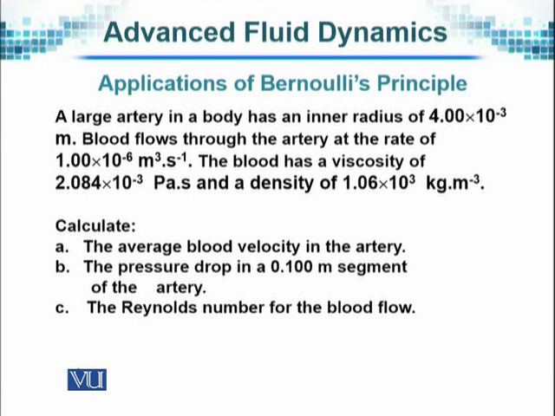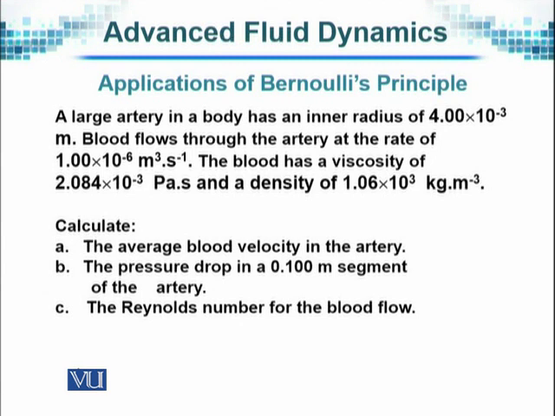There is a simple question: a large artery in a body has an inner radius of 4 × 10^-3 meters. The blood flows through this artery at the rate of 1 × 10^-6 cubic meters per second.